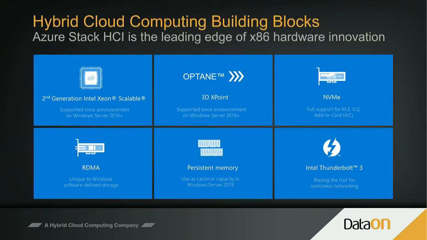One aspect, as we come back to why this processor refresh is very critical in the design of Azure Stack HCI, I think it's important to understand the hypercompute building block; these are the design criteria that we use. Microsoft Azure Stack HCI is the leading platform that allows you to take advantage of all the new leading-edge x86 innovations.